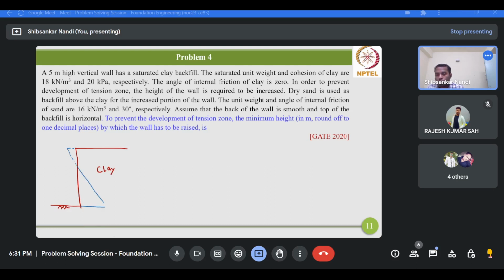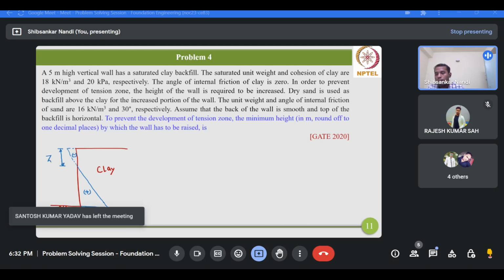So at the top part there will be negative pressure or tension, and then followed by some positive earth pressure distribution, and this depth already we have discussed about it. This is Z0, because at a depth of Z0 the pressure would become 0, the earth pressure obviously.